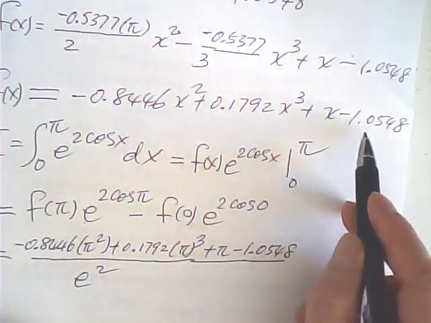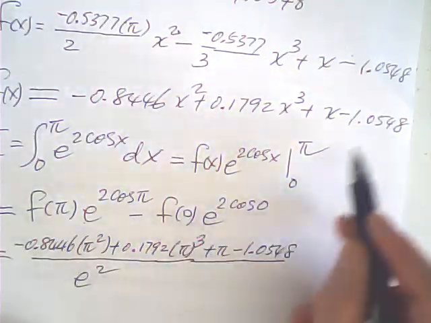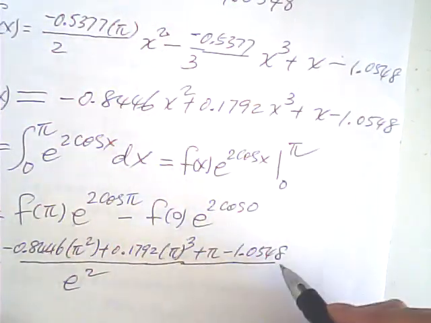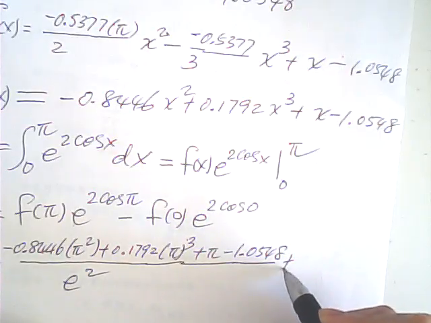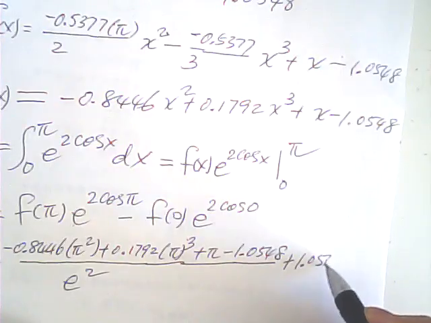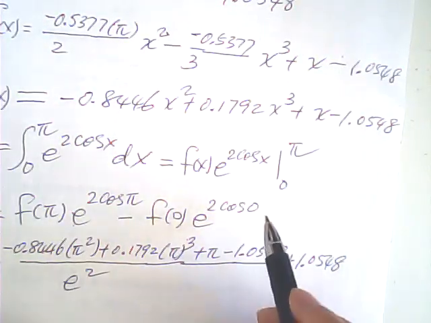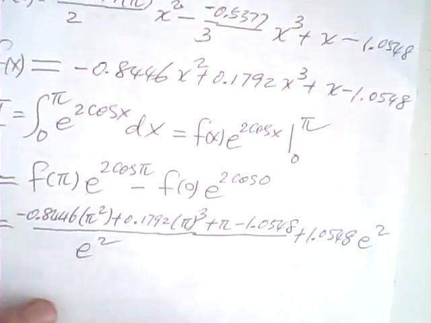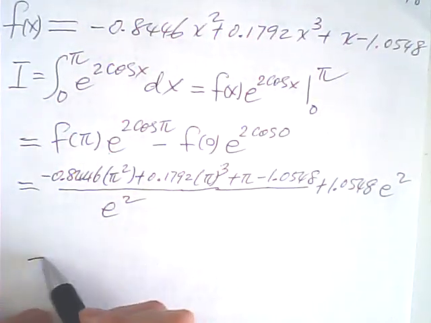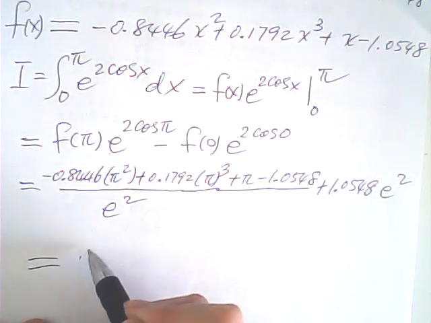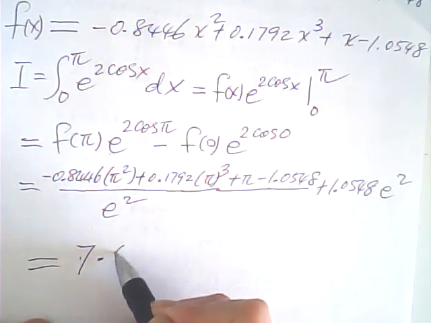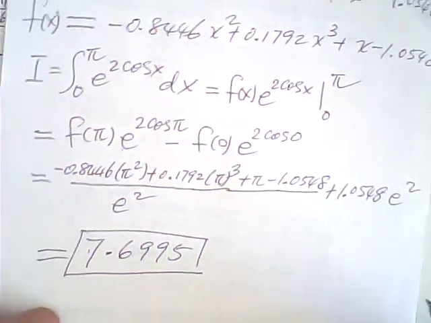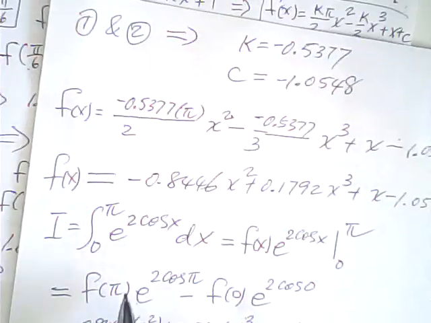F of 0 is just, these are zeros, and this negative becomes positive, 1.0548 times cosine 0 is 1, so times e squared. So after the calculations, this is equal to 7.6995. That is the result for this integral.